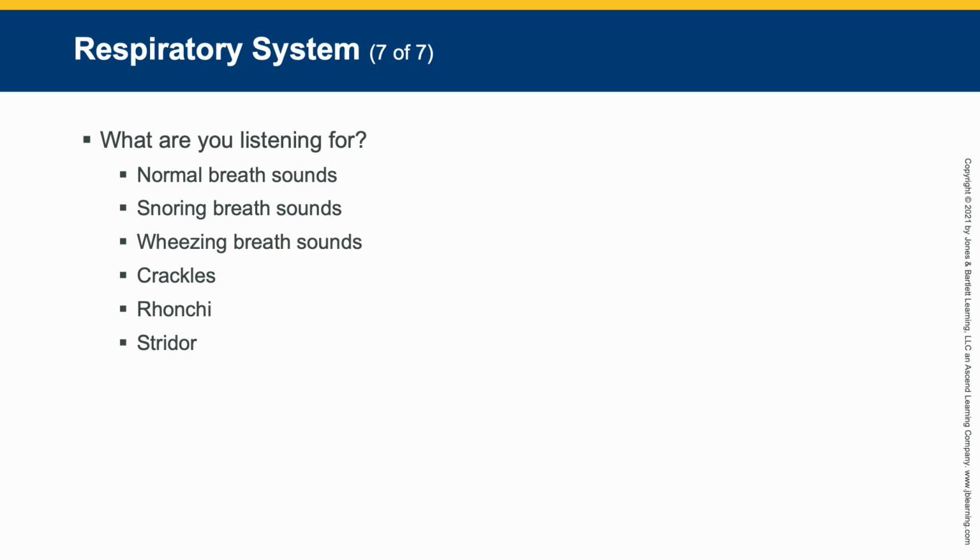Rhonchi is a coarse rattling sound that often clears with coughing, and that's going to suggest that mucus or secretions are in the larger airways. Then we have stridor. Stridor is a loud, high-pitched sound, and again, that's usually heard without a stethoscope, and that indicates a serious upper respiratory obstruction.